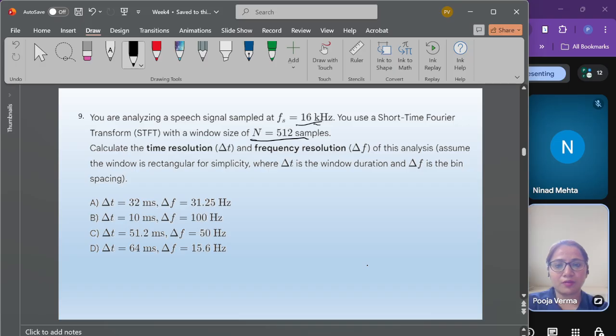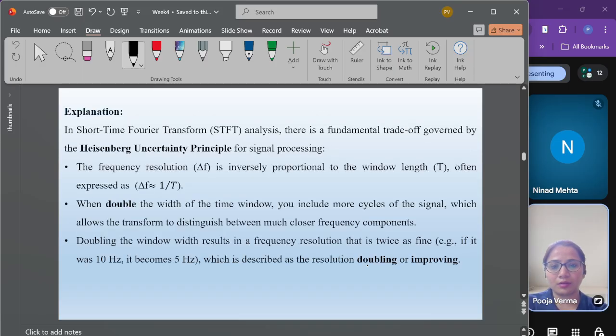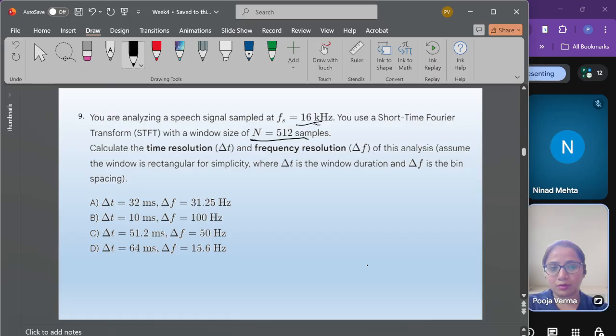The sampling frequency and the window size are given. So how can we calculate it? Here fs is given as 16 kilohertz and the window size is 512. We already know that the time resolution, that is delta t, is defined by the duration of the window.